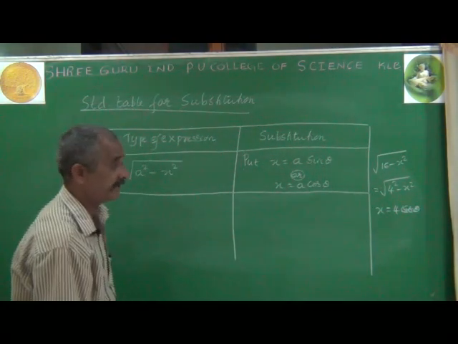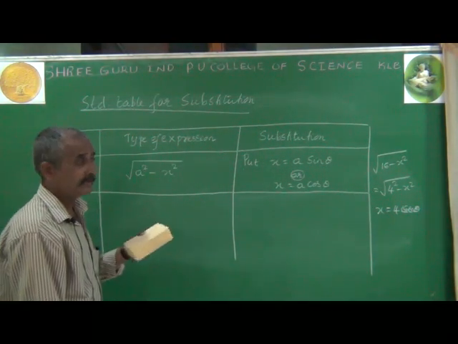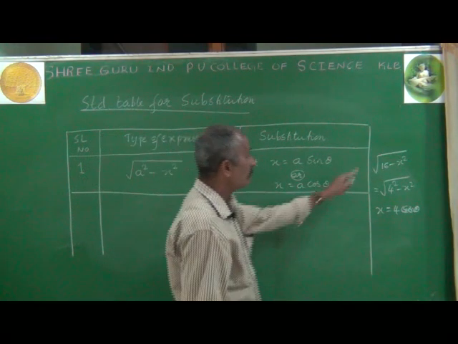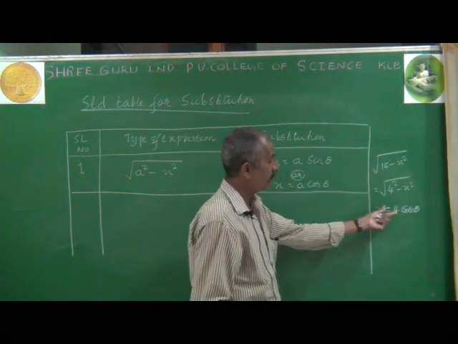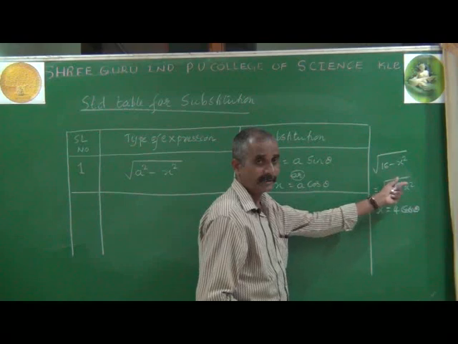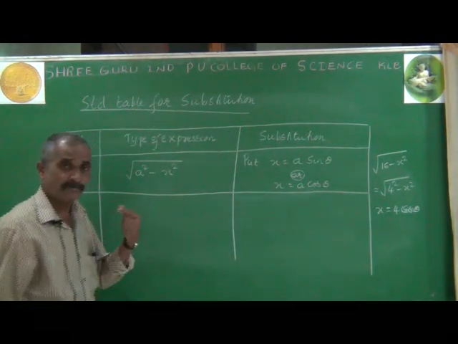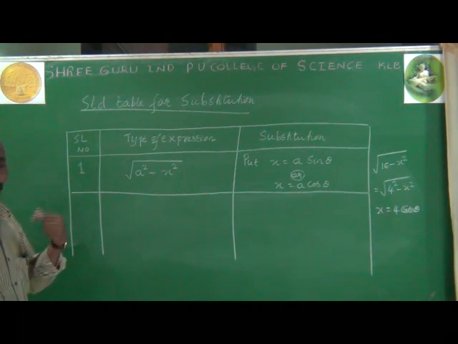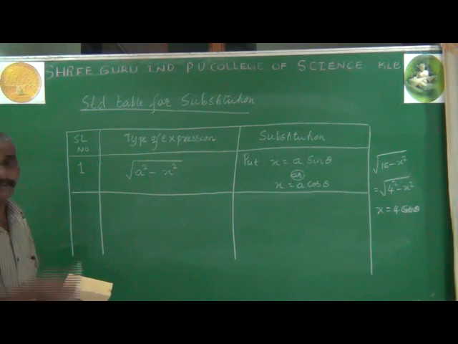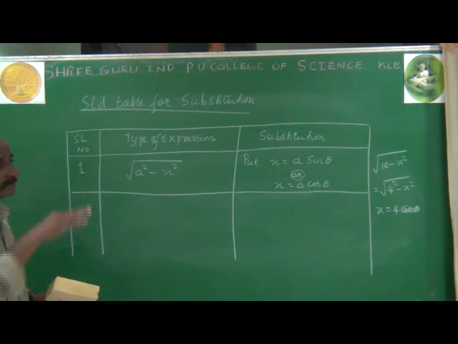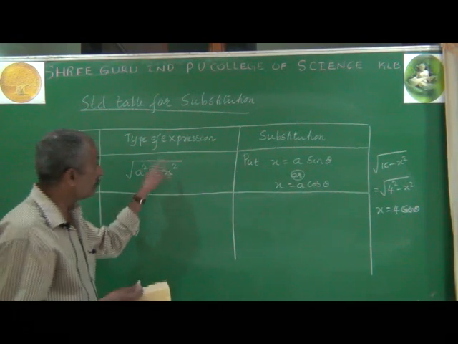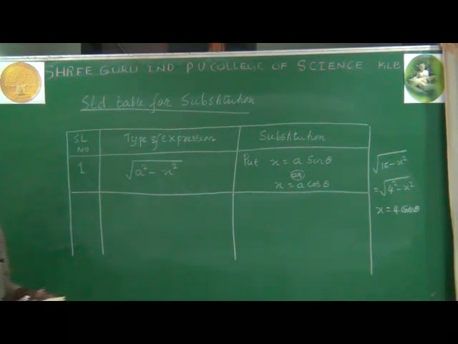One should understand that this substitution is just to remove this square root. When you put x equal to 4 sin theta, what do we get? 16 sin square theta, common 16, root 16 becomes 4, in the root 1 minus sin square theta, and 1 minus sin square theta is cos square theta, so root and square get cancelled. So all this substitution is just to remove the square root, keeping that in mind.